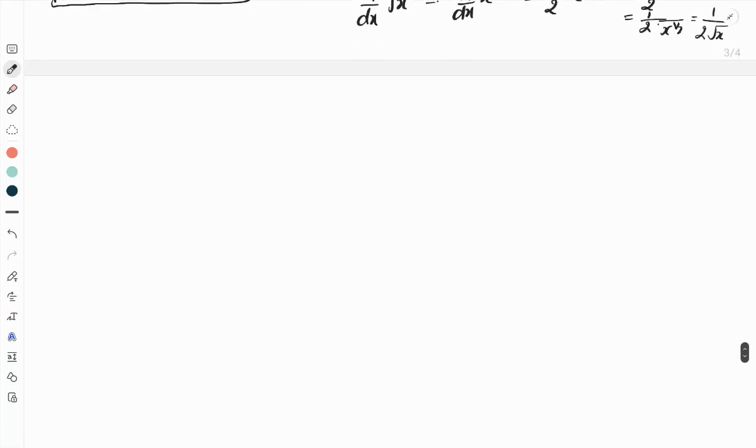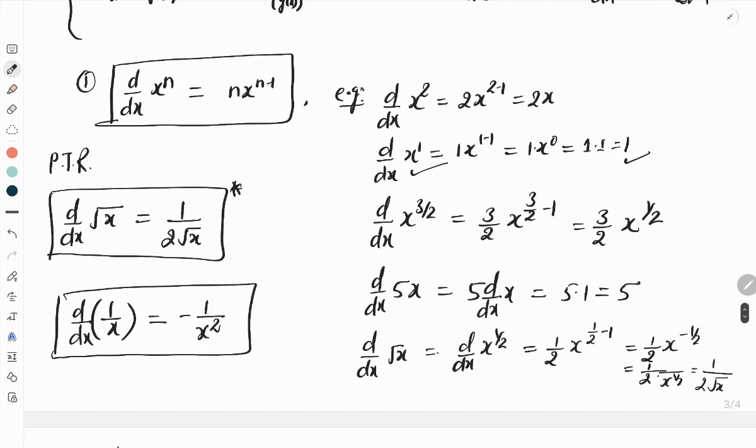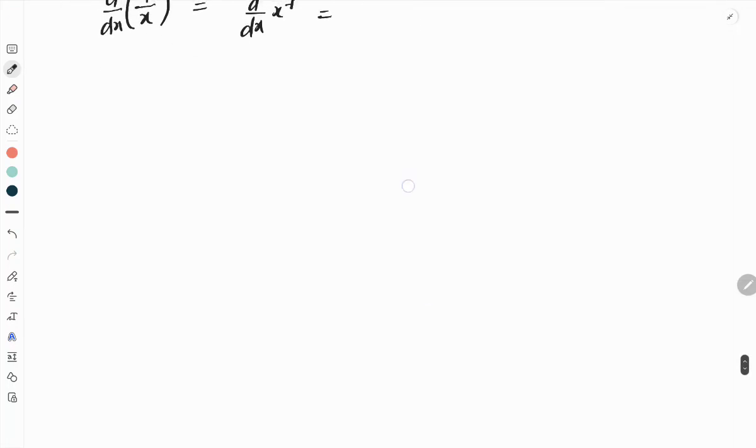How, let's see. You are saying we have to find the differentiation of dy/dx of 1 upon x. So it will be dy/dx of x power minus 1, correct. If x power n is there, then n outside, x power n minus 1, reduce one more power.